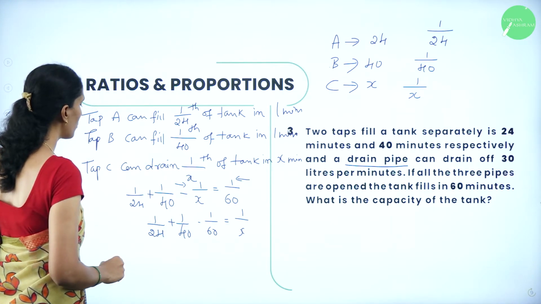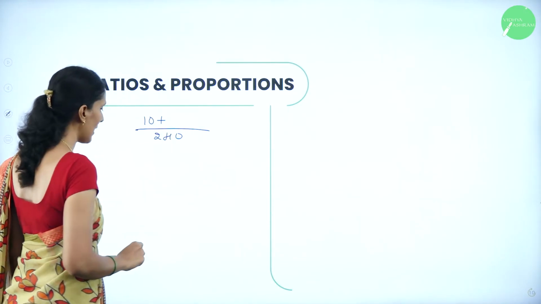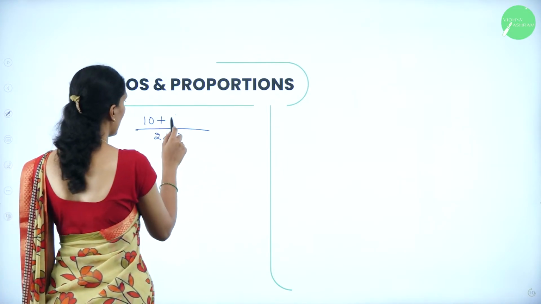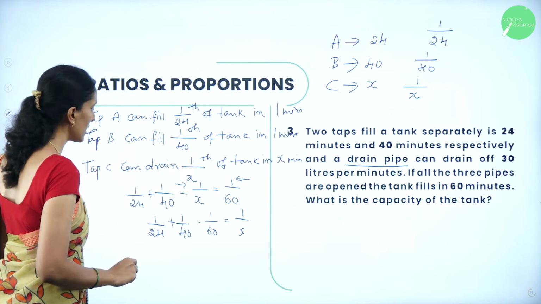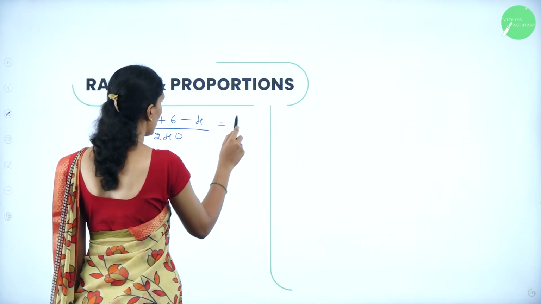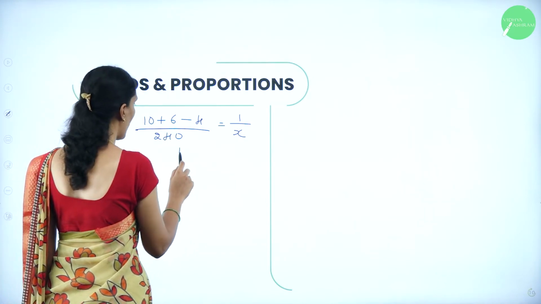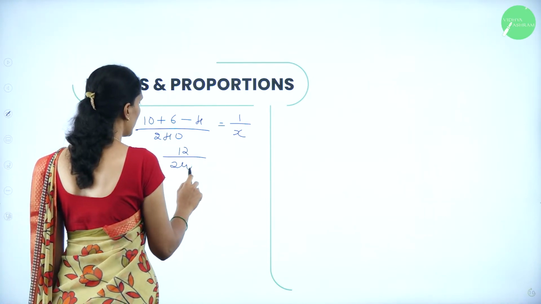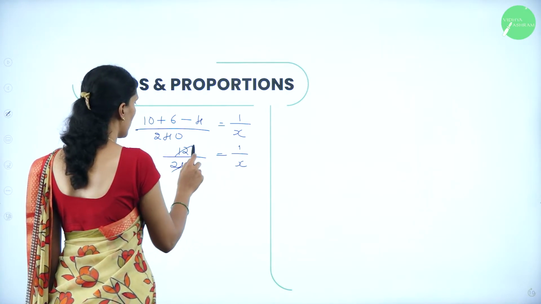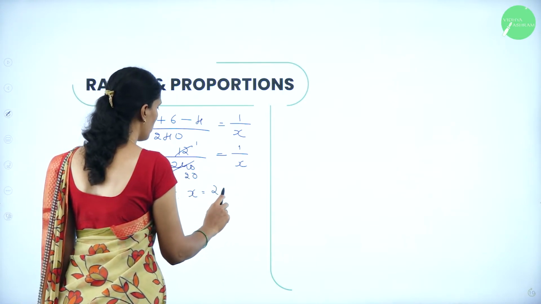So 240 divided by 24 is 10, plus 240 divided by 40 is 6, and 240 divided by 60 is 4. That is equal to 1 by X. So 16 minus 4, I will get 12 divided by 240 is equal to 1 by X. Cancelling, you will get 1 divided by 20. Therefore, X is equal to 20.